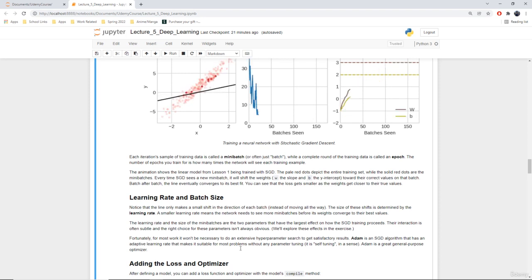We can change the direction or the extent to which this line shifts at each batch by modifying the learning rate. A small learning rate means we need to see more mini batches before it converges to the best values, which means smaller shifts in the desirable direction. The batch size is also going to have a big effect.